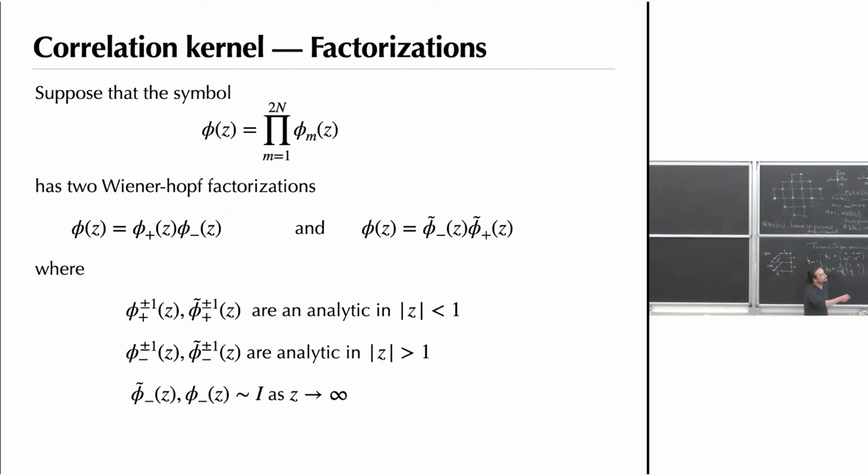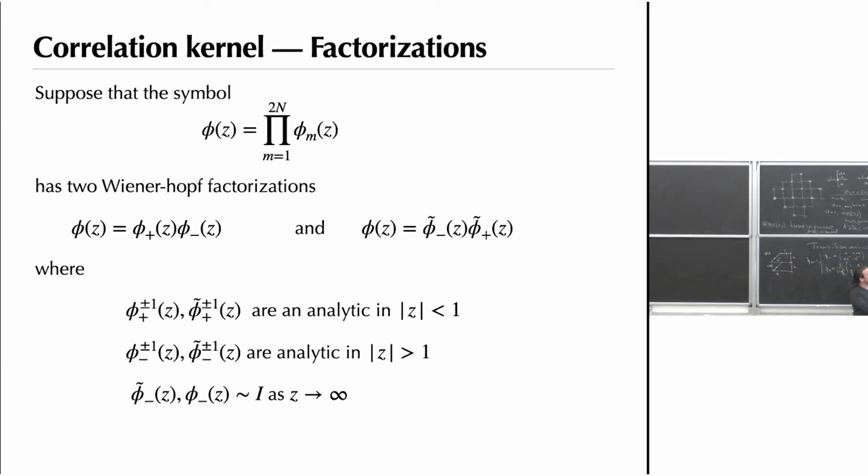So what I take here is the phi, the product of these transition matrices. If you can find a Wiener-Hopf factorization phi plus times phi minus and a phi minus times phi plus tilde, and they are not the same because it's not scalar, right?